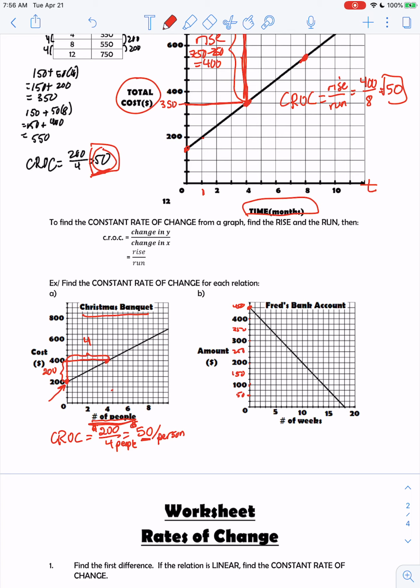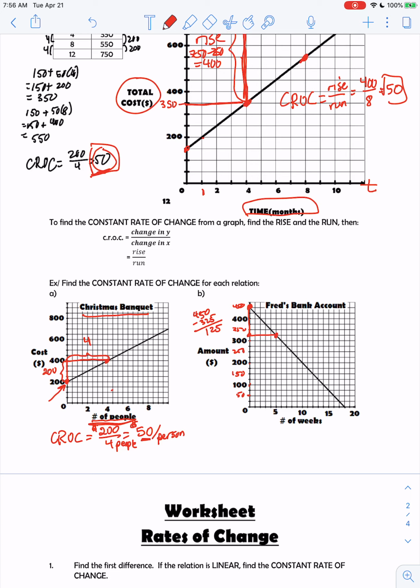And if we do the constant rate of change, pick any 2 points. I'm going to pick that one right there. Okay, so this went from 450 down to 325. So 450 minus 325, that equals $125.